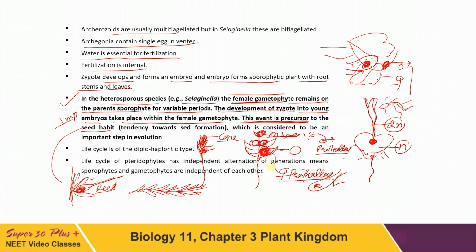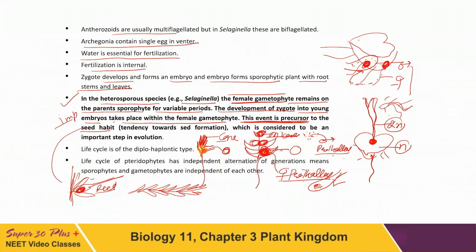While in this case, the female gametophyte still remains attached to the parental plant for variable periods. After some development, it may be detached from the parental plant, and the further development of the sporophyte takes place away from the parental plant.